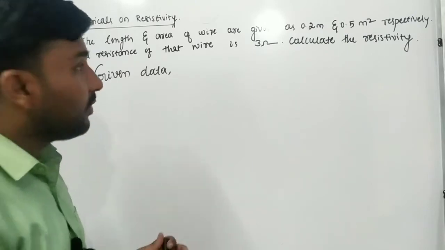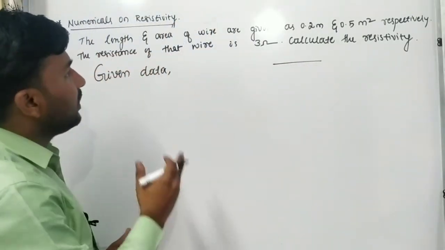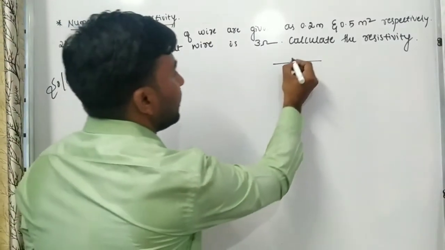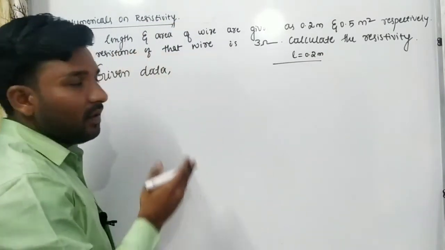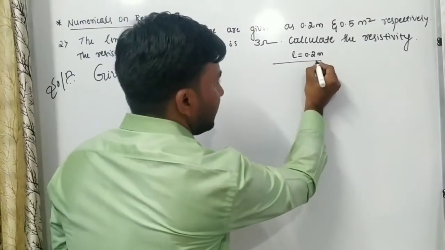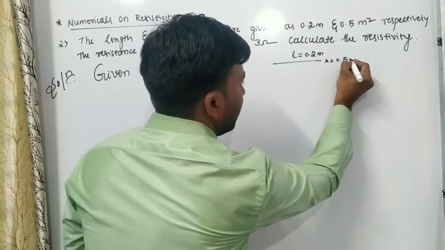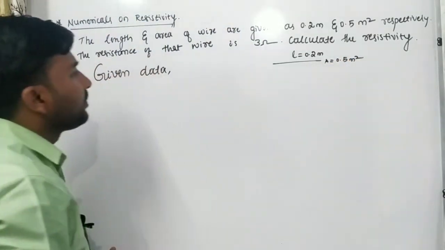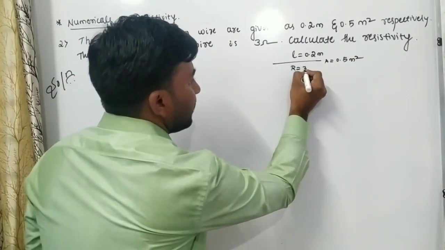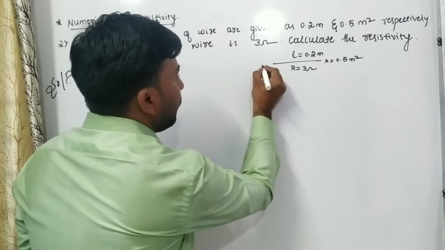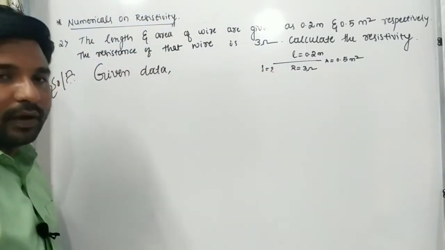So here we have a wire whose length is 0.2 meter, and the area of cross section is 0.5 meter square, and the resistance is 3 ohm. We need to calculate the resistivity of the wire.